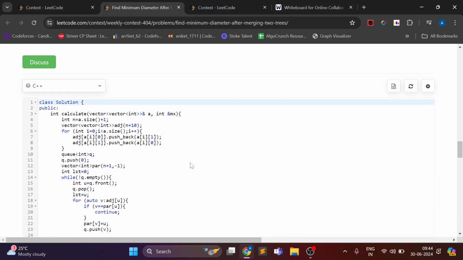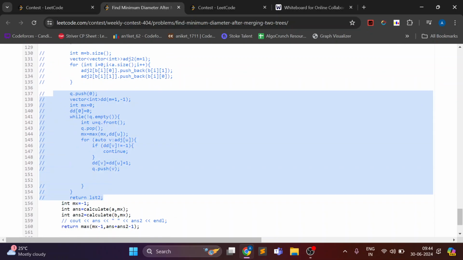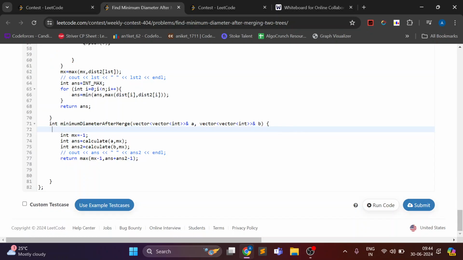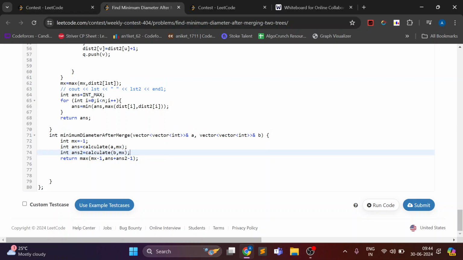So we will just see the code. I can erase this. First of all, I am declaring mx. Ignore this for now, I will explain it at last.